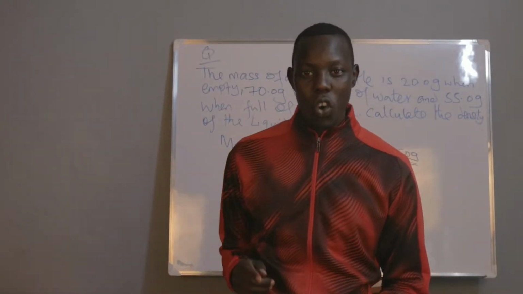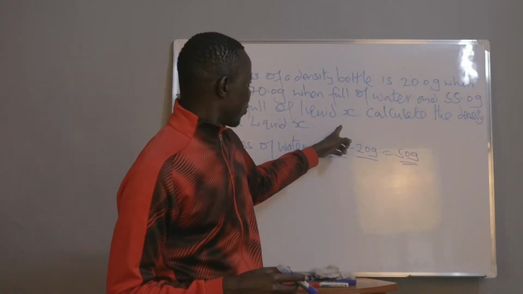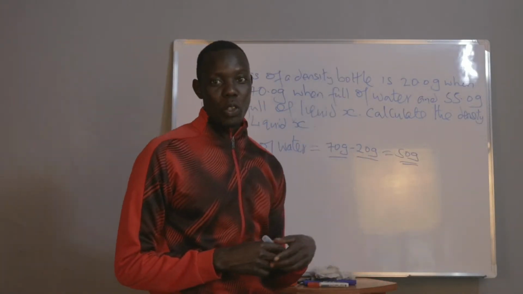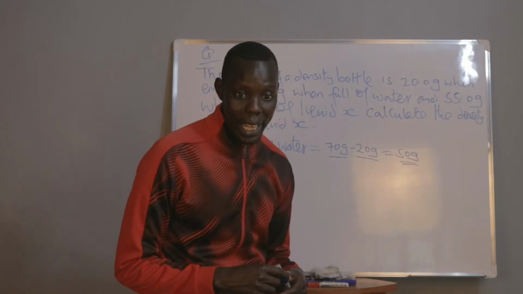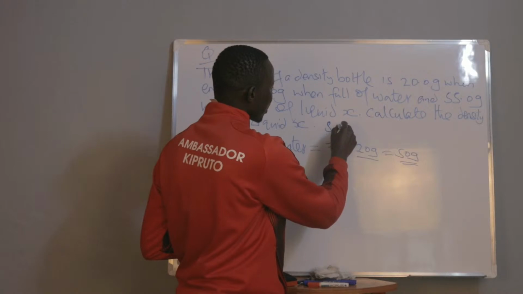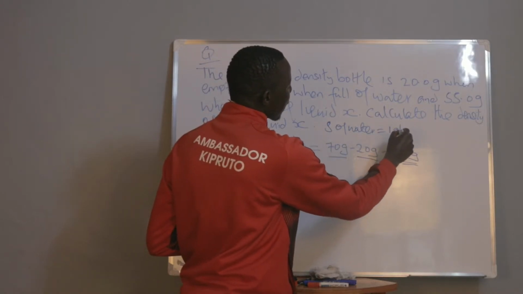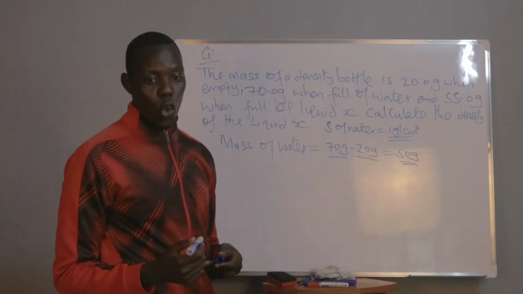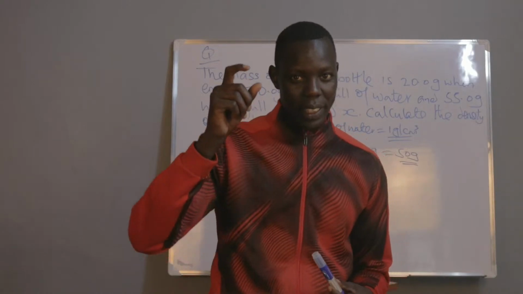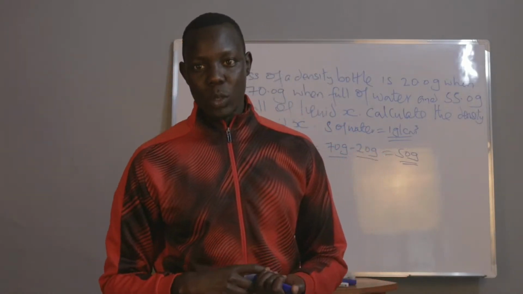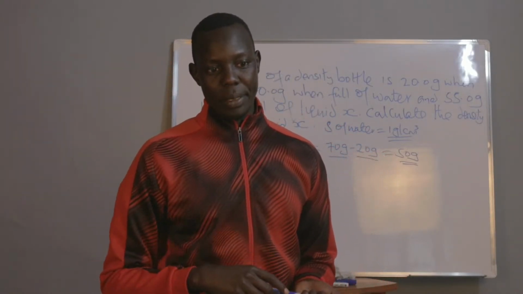Always, the first liquid that you are given to fill the density bottle is water. Why? Because the density of water is always 1 gram per centimeter cubed.